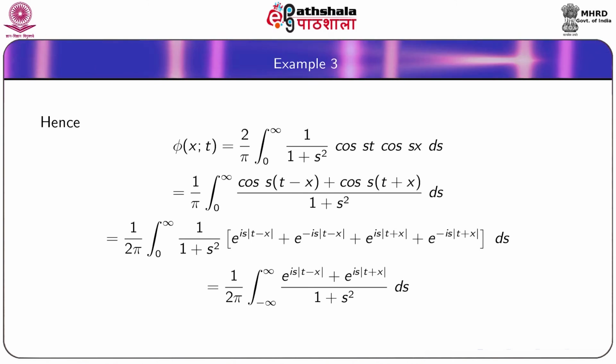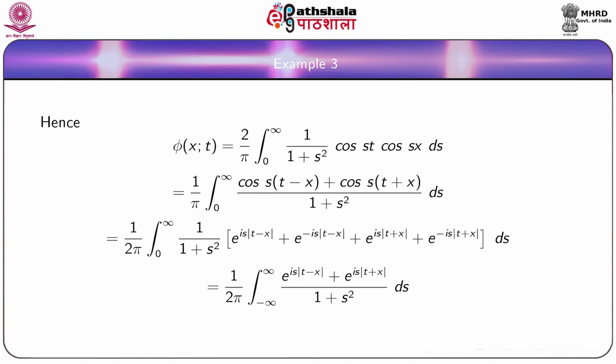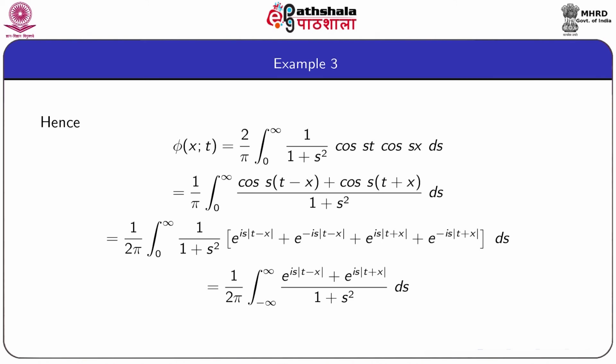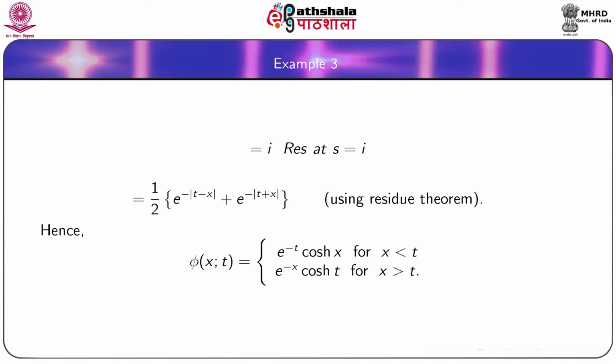So, this integral from 0 to infinity can be extended to minus infinity to plus infinity. Hence, we get small φ(x,t) as 1 by 2 pi integral from minus infinity to plus infinity [e^(is|t−x|) + e^(is|t+x|)] by (1 + s²) ds. This is equal to i into residue at s = i by using the Cauchy formula.